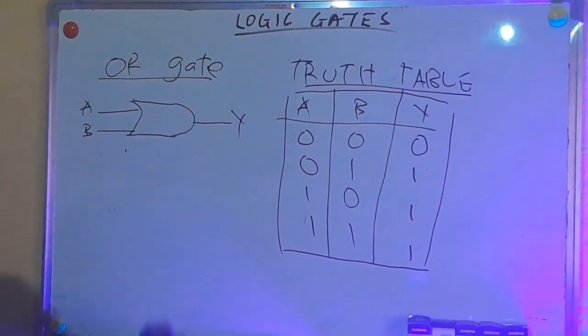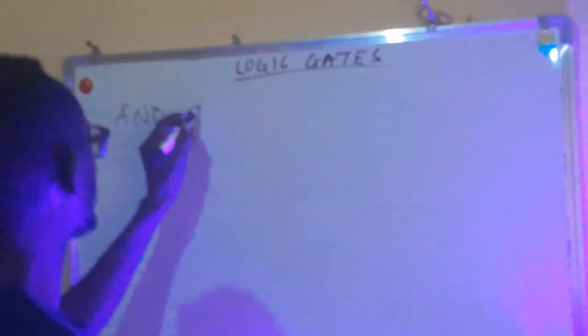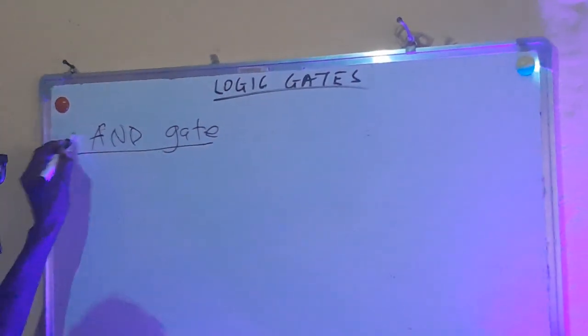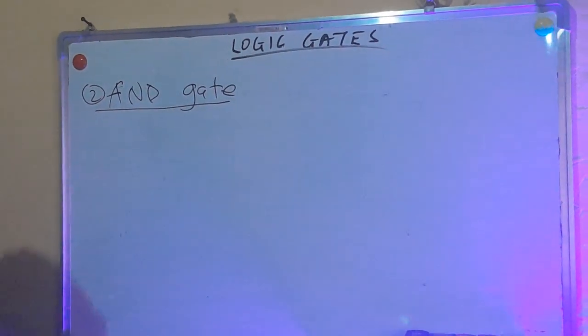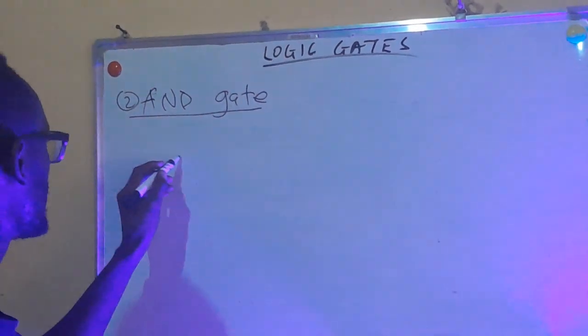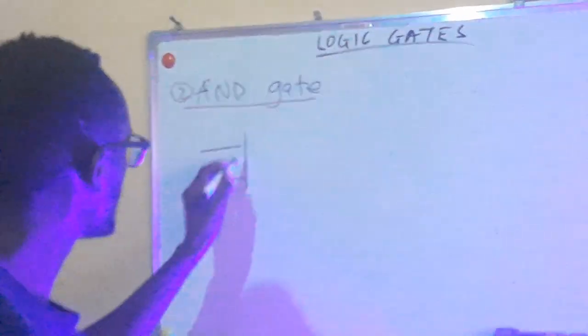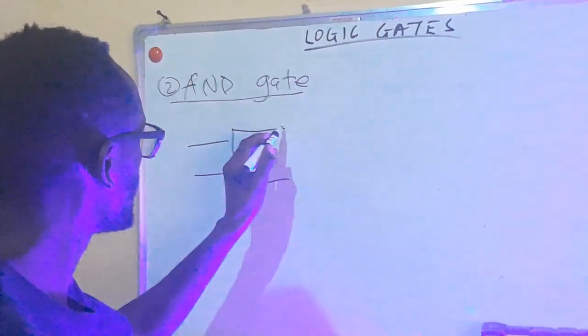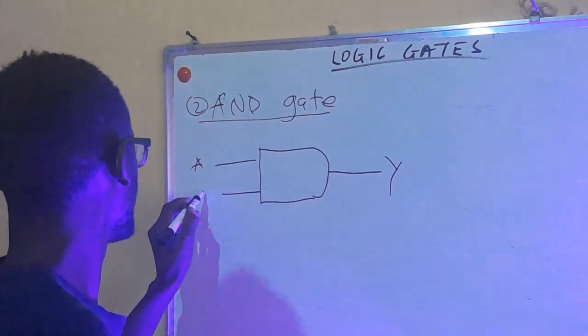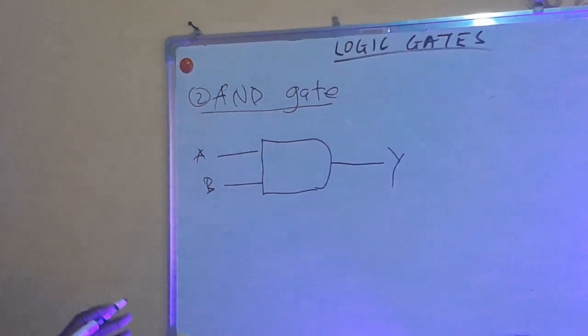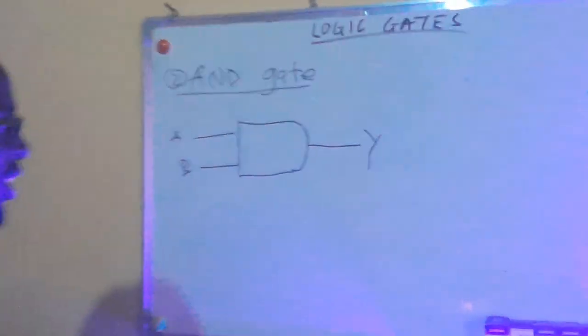For the next one, we'll handle the AND gate. For the AND gate, I will also draw the gate, and then I will give an explanation. The AND gate differs slightly from the OR gate.